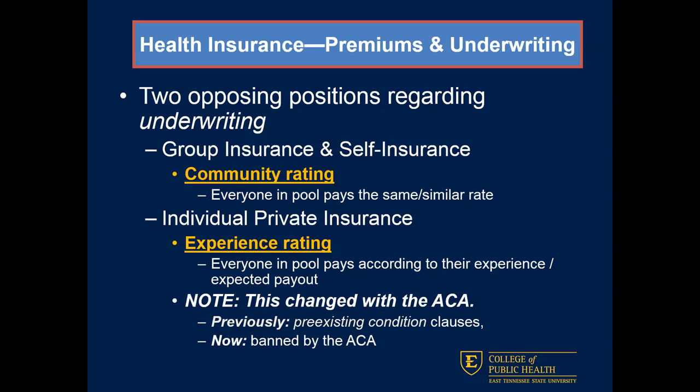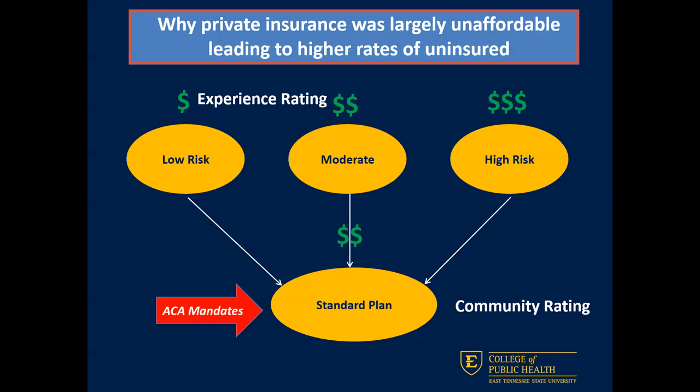So we've moved to more of a community type rating for Affordable Care Act insurance plans that you can purchase out on the marketplace. So this is kind of how it's progressed from experience into community, and why insurance was really unaffordable, and one of the main reasons that brought around the Affordable Care Act.